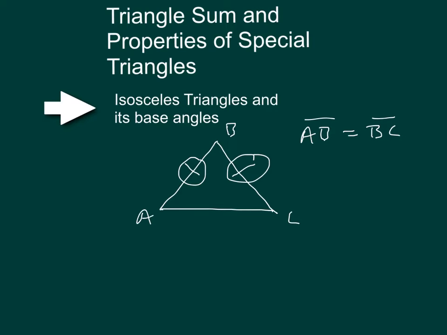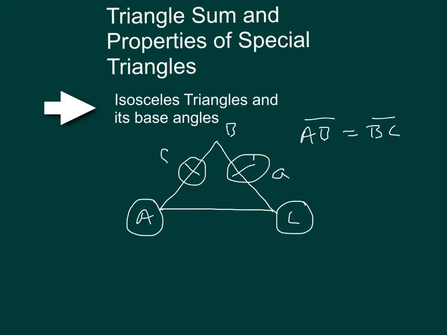In addition, we know that the side opposite angle A is lowercase a, and the side opposite angle C is lowercase c. Well, there is a relationship between the side and the angle opposite.